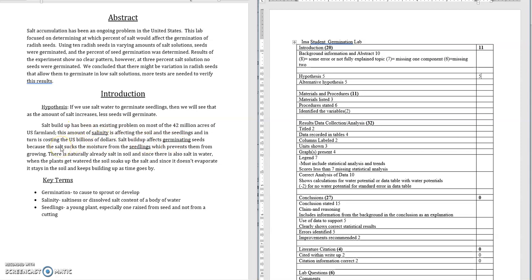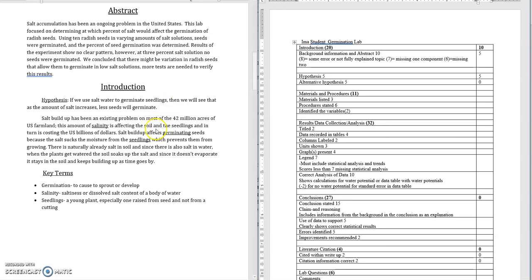She has not given me any description of the experiment, and she is lacking some of the key terms. So I would give her a 5 and a 0. And so she would actually end up not with 11, but with 10 points out of 20.